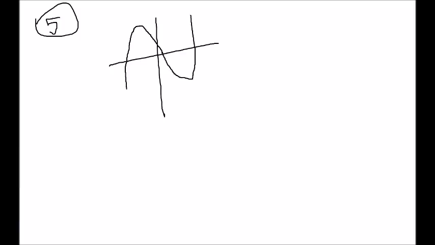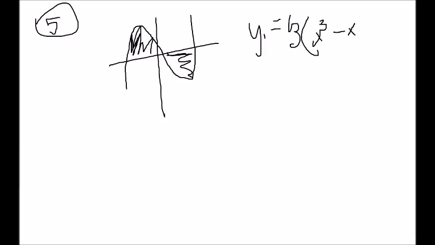Okay, let's jump right into a sort of tough one. Let's see, number 5 from 7.1. And the picture of the graph. It's always helpful to draw a graph on these. So here's a graph. And we're finding the region or the area between y1, which is 3 times x cubed minus x, and then the x-axis.